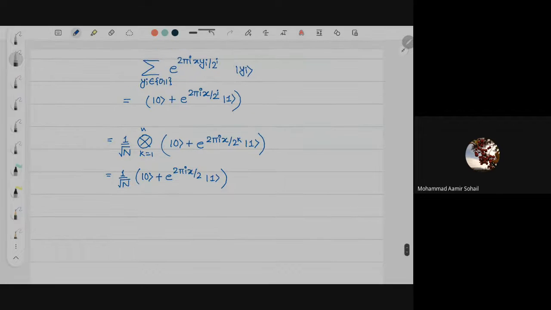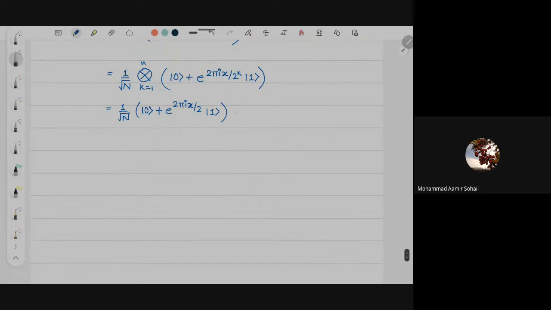So this is what we got here, also when we have this i equals 1, and then tensor product with 0 plus e raised to 2 pi i x by 2 squared, 1, and similarly it will go till we have this n, e raised to 2 pi i x by 2 raised to n.